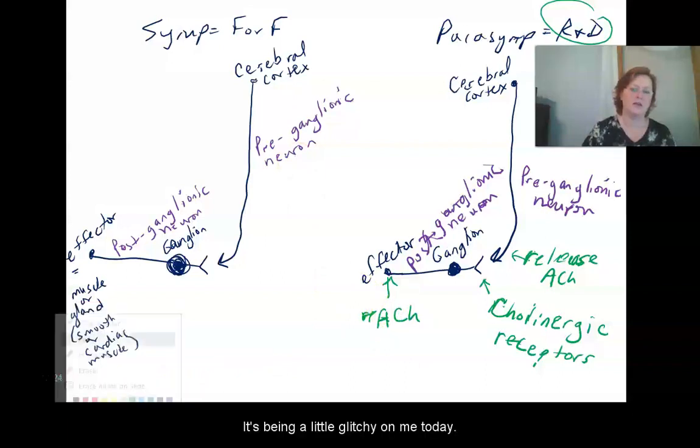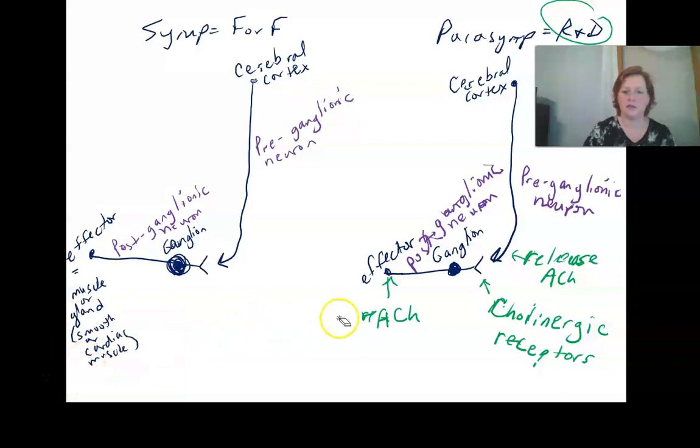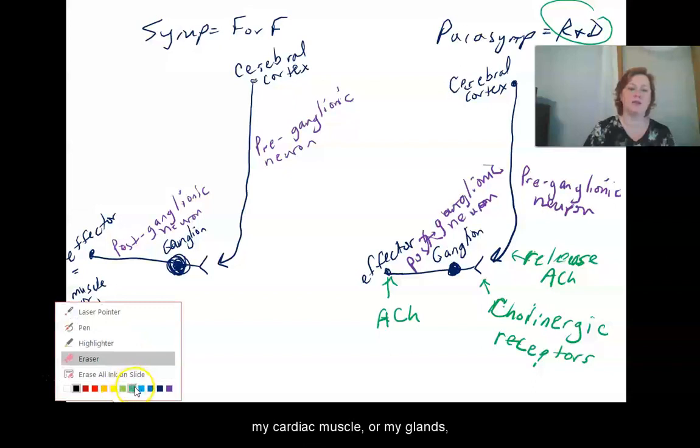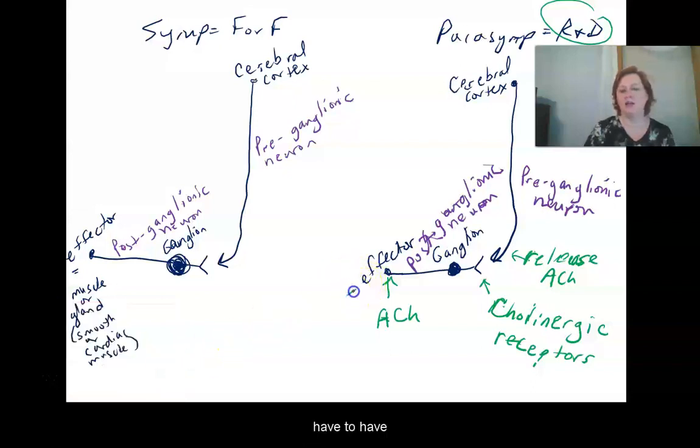Sorry, it's being a little glitchy on me today. And that means that my effector, which is again my smooth muscle, my cardiac muscle, or my gland, has to have cholinergic receptors.